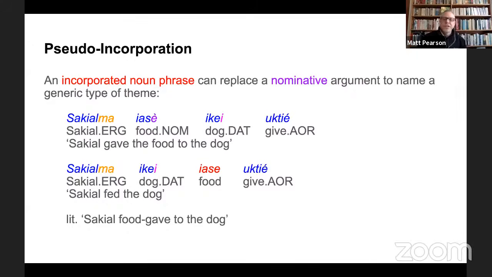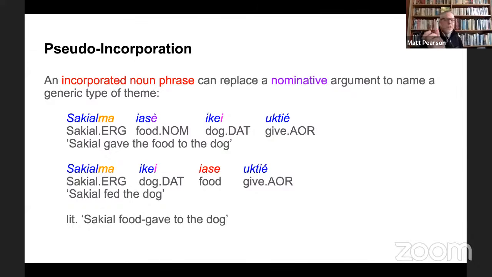An incorporated noun phrase can also replace a nominative argument. And here that names a generic kind of theme. So take a sentence with an unincorporated nominative like Sakyalma yase ikei ukche. Sakyal gave the food to the dog. So here yase, the nominative form of food, is referring to some specific quantifiable portion of food.